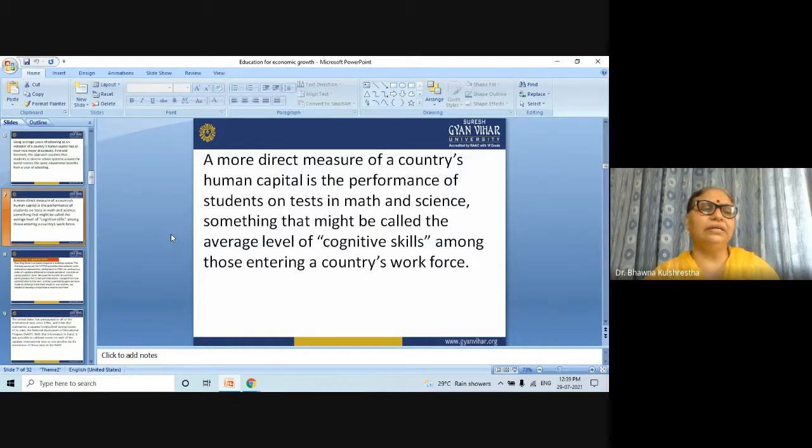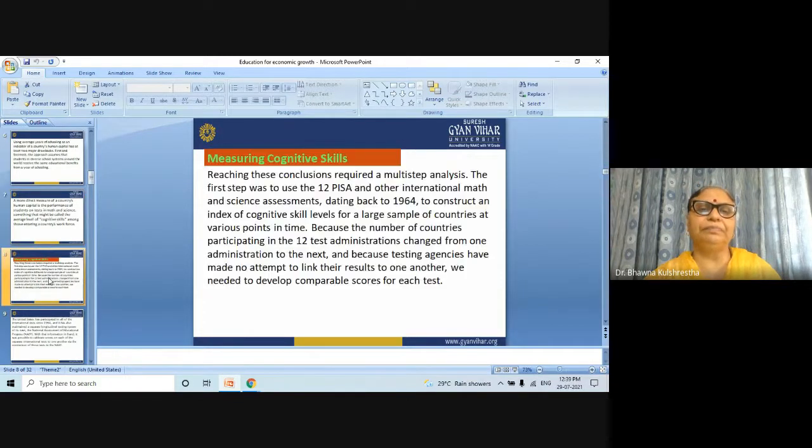And the next is measuring cognitive skills. Reaching these conclusions required a multi-step analysis.